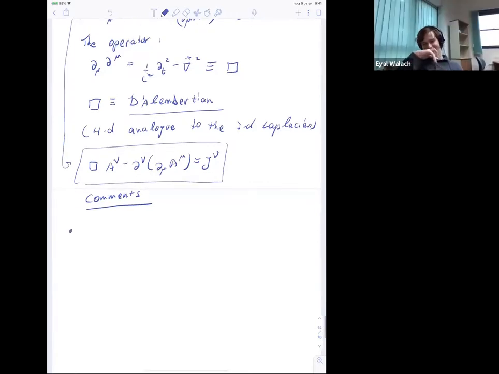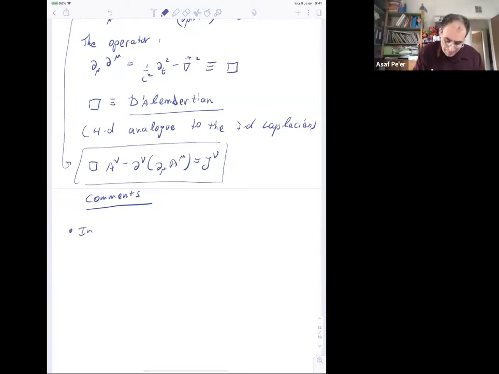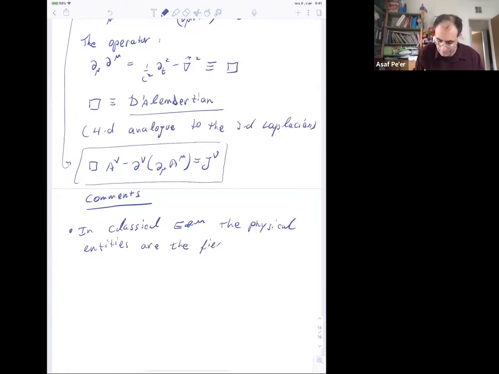So in classical E&M, the physical entities are the fields, and the potentials are mathematics.